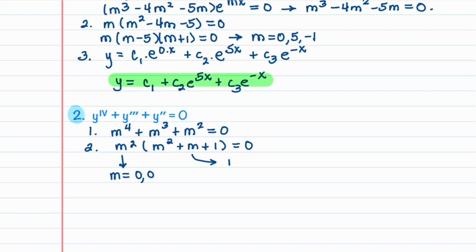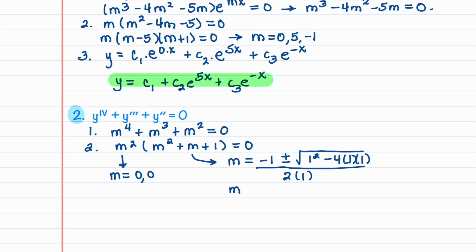Our solution is m is equal to negative b, which is minus 1, plus or minus the square root of b squared, which is 1 squared, minus 4 times a, which is 1, and then c is 1, all divided by 2 times a, which is 1.